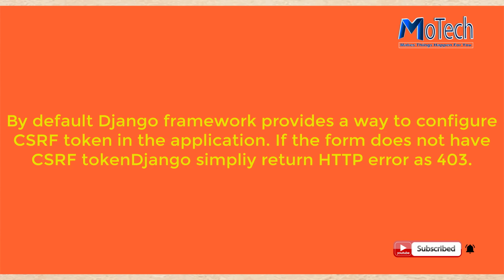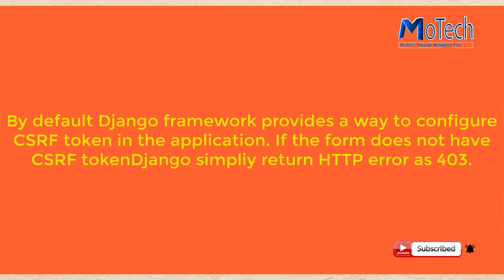error in Django? By default, the Django framework provides a way to configure a CSRF token in the application. If the form does not have a CSRF token, then Django simply throws an HTTP error as 403, forbidden error.